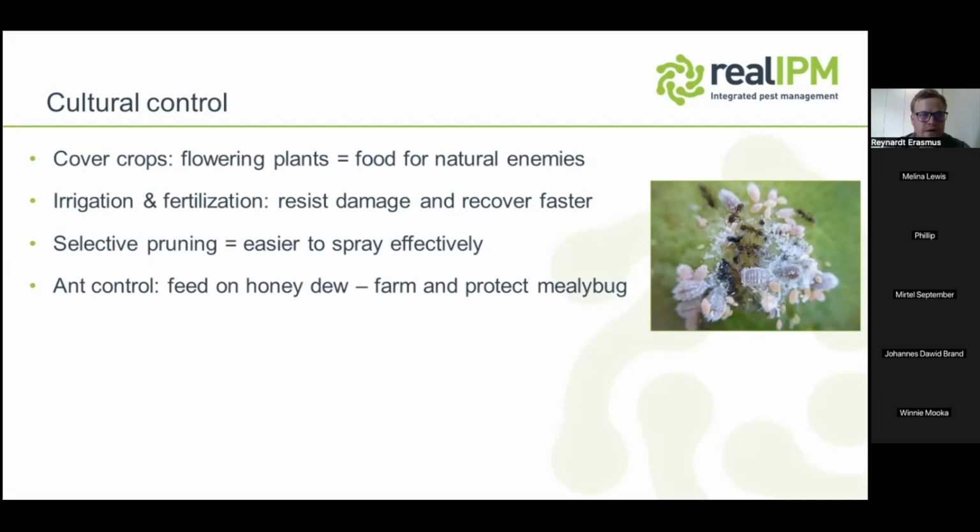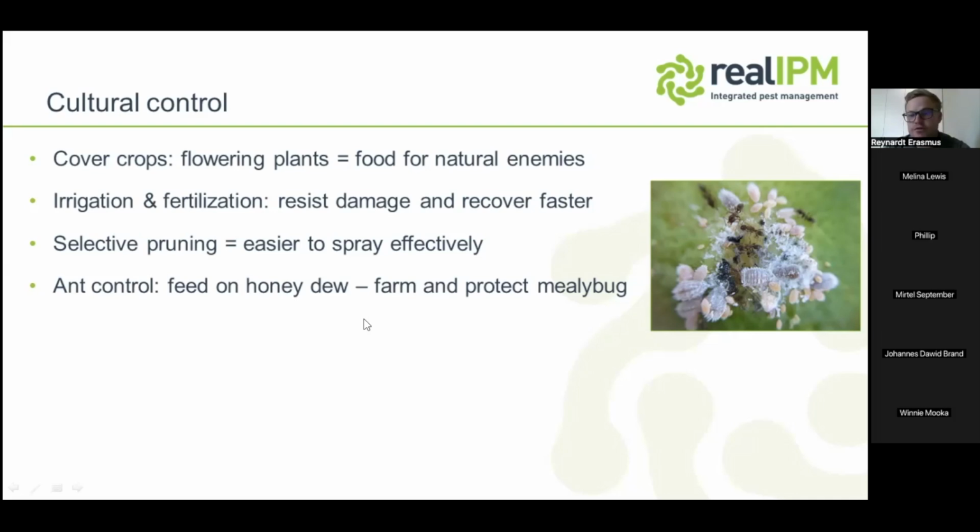Okay. Perfect. Selective pruning can also play a big part. We know that mealybug climb into crevices that are difficult to get to, and by pruning selectively, we can more easily control them by getting contact with our sprays. Ant control plays a really big role.